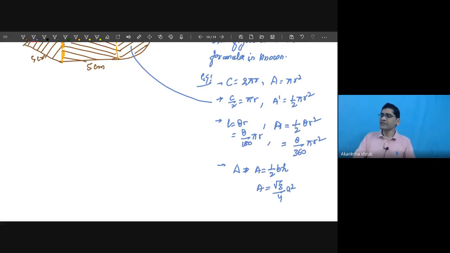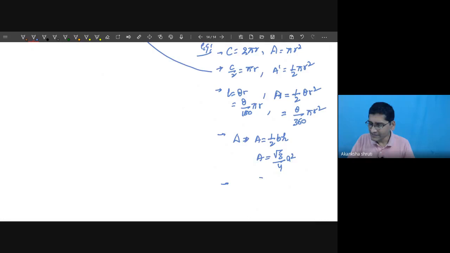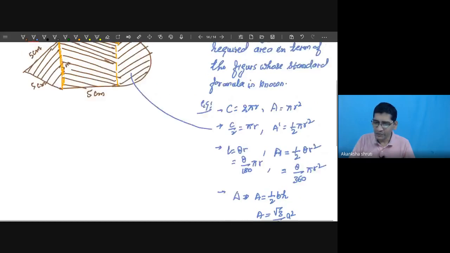In addition, the other concepts of geometry, like say if it is given that a circle is there and over the diameter a triangle is drawn, then we know that this angle is 90 degree. So these concepts we need to apply. Whatever known concepts, we need to apply.